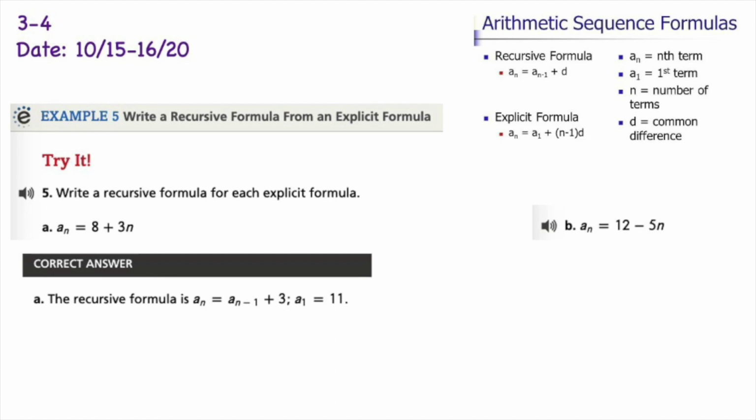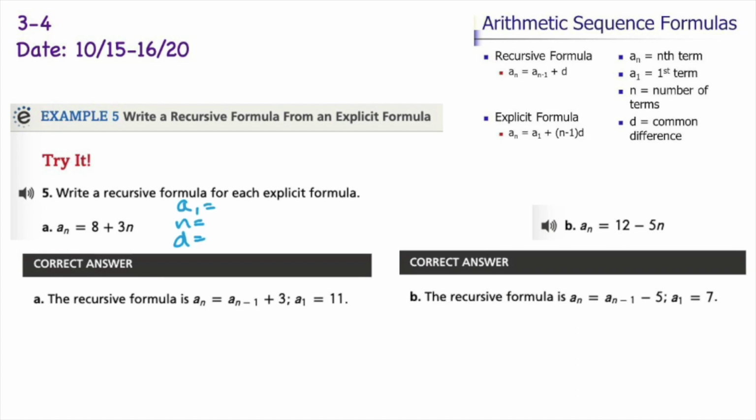So first of all, you can find a sub 1, n, and d. So a sub 1 is just when you plug 1 into the formula, you can solve. So we would plug 1 into here, and we would get 11. So that's a sub 1. And then for common difference, we can look at the problem and say, well, how did they get 3n? So what number times n gives us 3n?